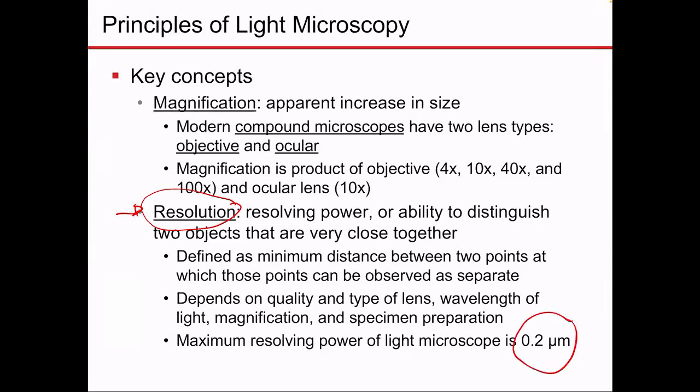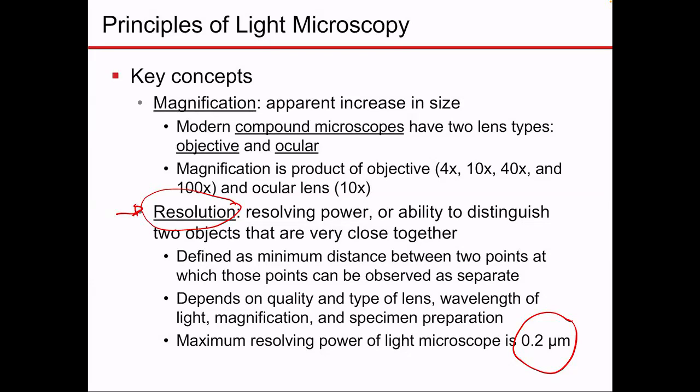That is basically the minimal distance at which two objects can be and still be distinguished as individual objects. If they get any closer than 0.2 micrometers, the compound light microscope will not be able to distinguish them as individual objects.